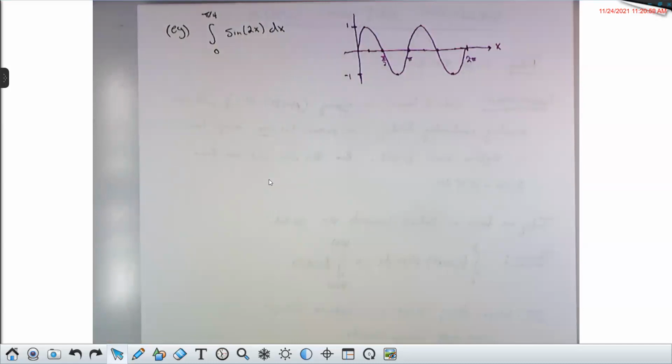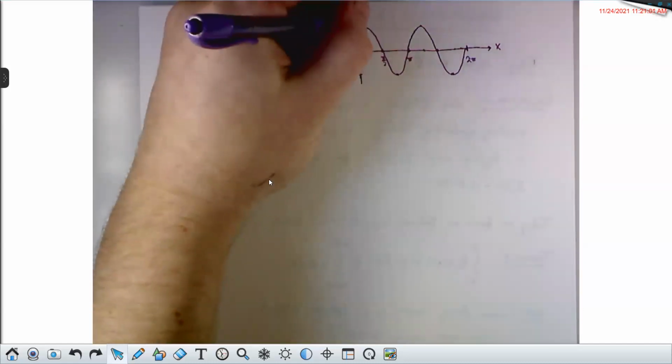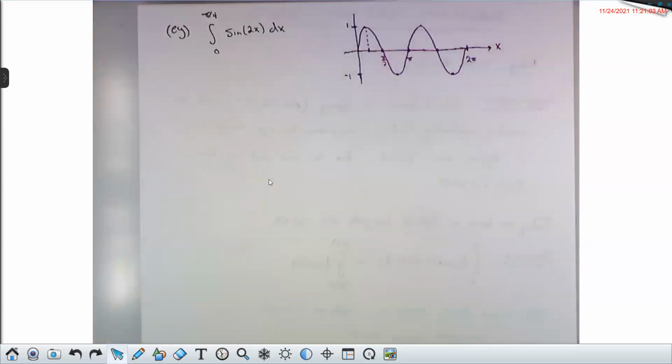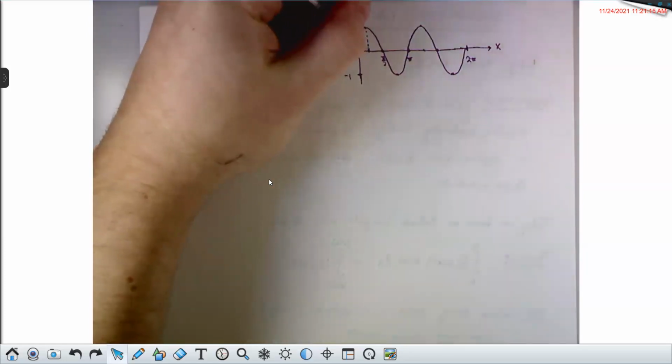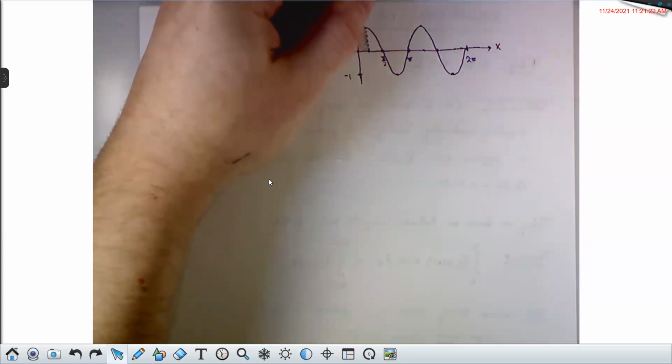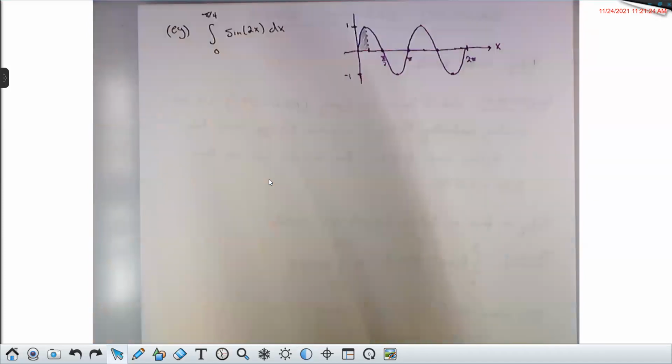And I'm integrating only to pi over 4, which is here. So the area that this integral is calculating is just this area.